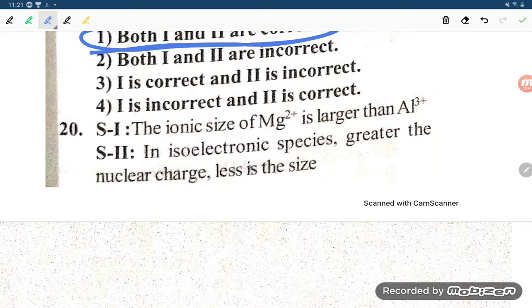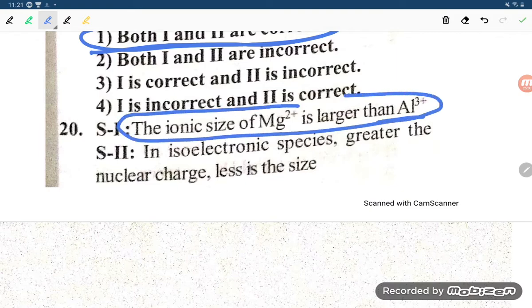Next, the ionic size of Mg2 plus is larger than Al3 plus. Yes, student, Mg2 plus is larger, because it has a smaller positive charge compared to Al3 plus. The larger the positive charge on an atom, the smaller the radii.